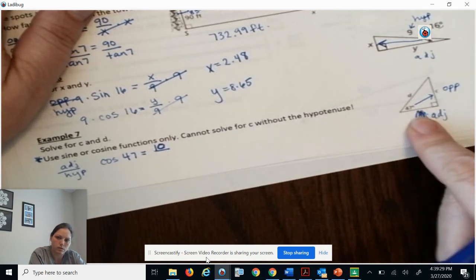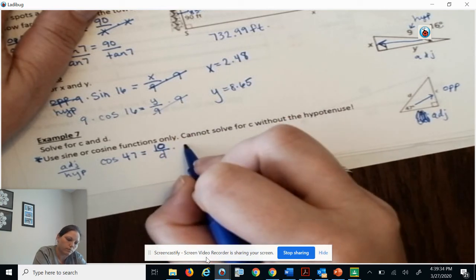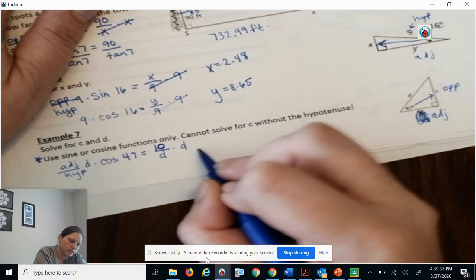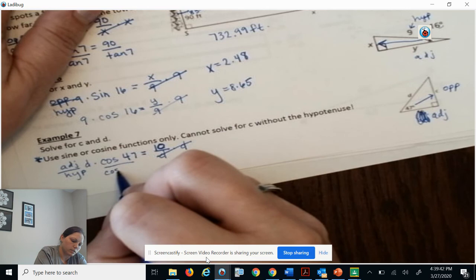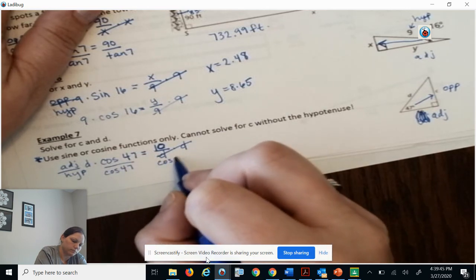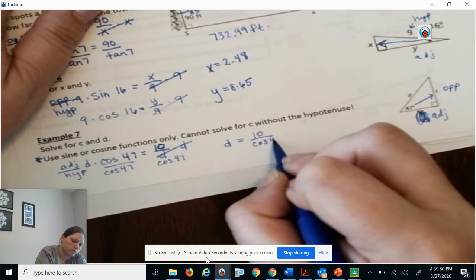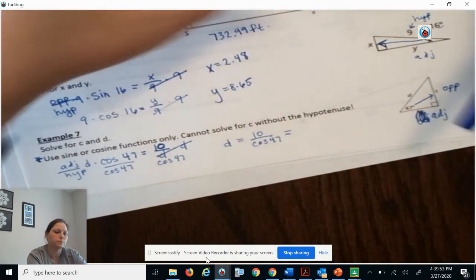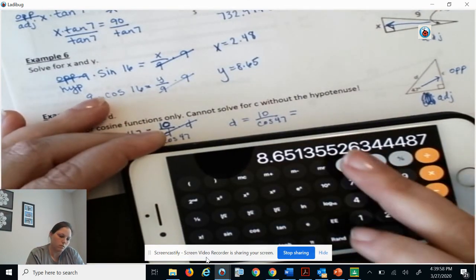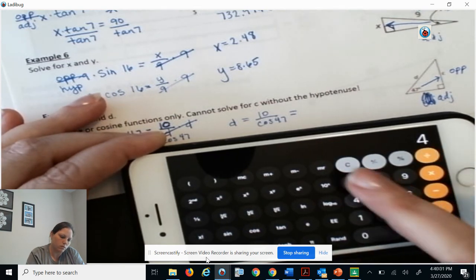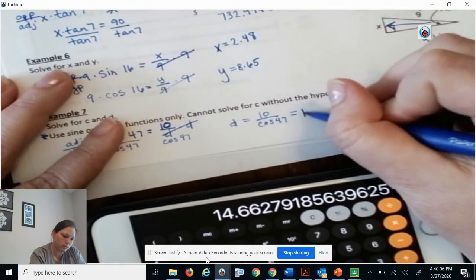Adjacent is 10, which I scratched out, and our hypotenuse is D. Then we cancel our fraction by multiplying D, and then we divide by the cosine of 47. So D equals 10 divided by the cosine of 47, which equals 14.66.